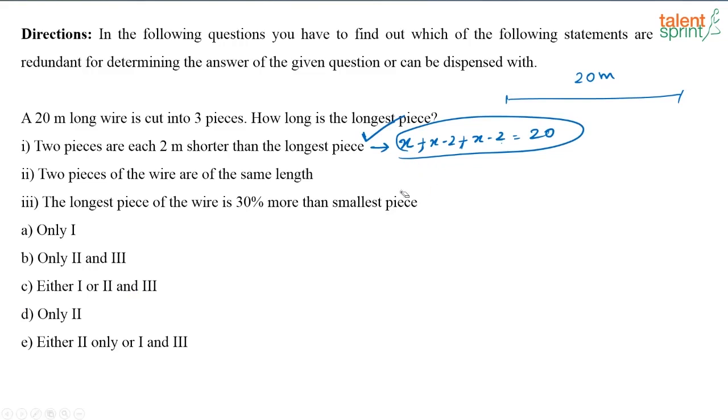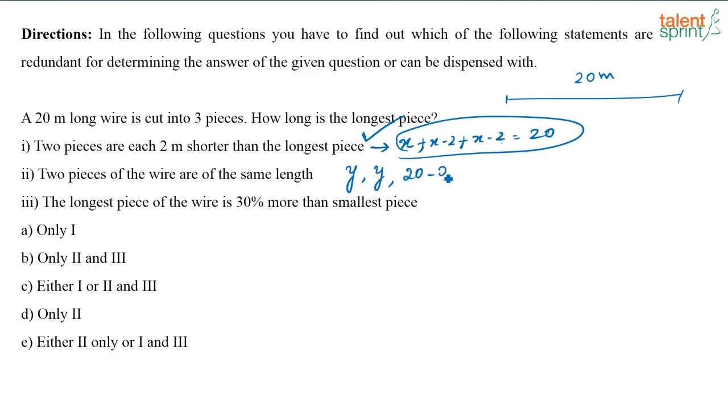Now let us look at statements 2 and 3. So what is given here? 2 pieces of wire are of the same length. So let's say one piece is y, the other piece is also y. So what will be the length of the third piece?